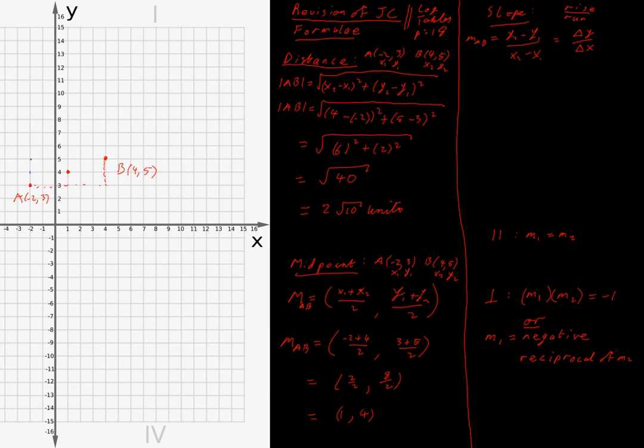And I'm going to run across by 1, 2, 3, 4, 5, 6. So I know that my slope from my picture is going to be rise of 2 over run of 6, which simplifies to a third. So from my picture, I already know exactly what the slope is going to be because I know how to use rise over run. The picture is critical to doing higher level maths.